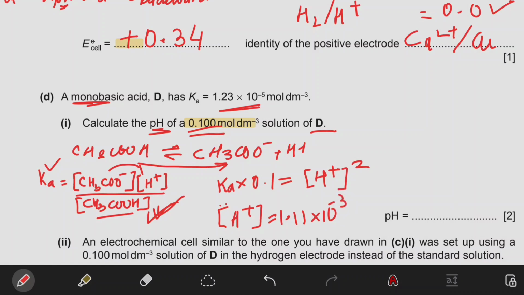This is the concentration of H+ ions, and you can use this equation to find out the pH. After using the equation, you are going to get an answer of 2.96, and you can write 3.0 because we write pH to one decimal place.